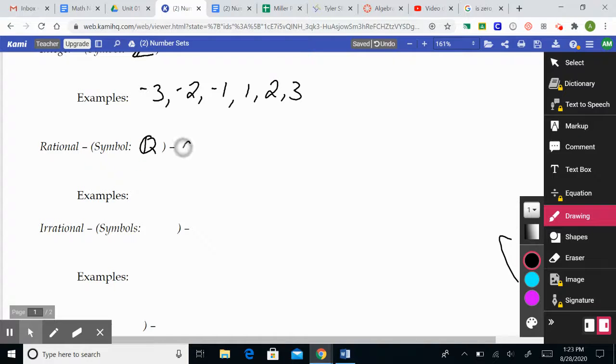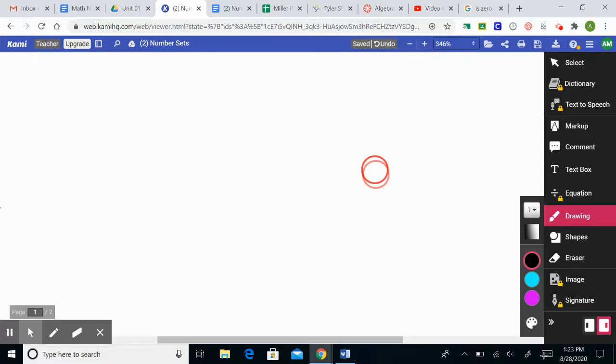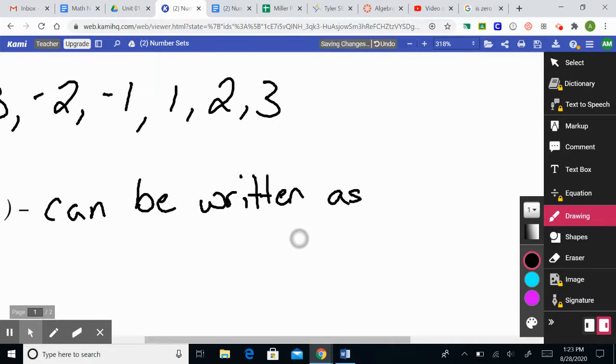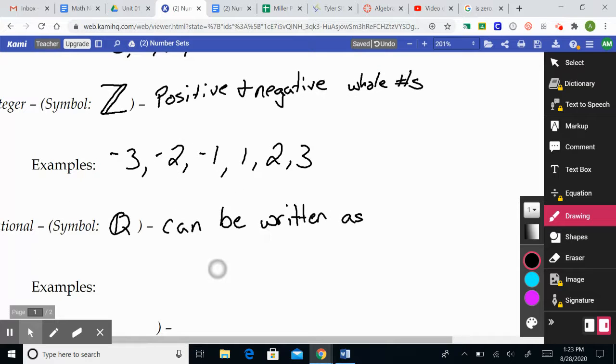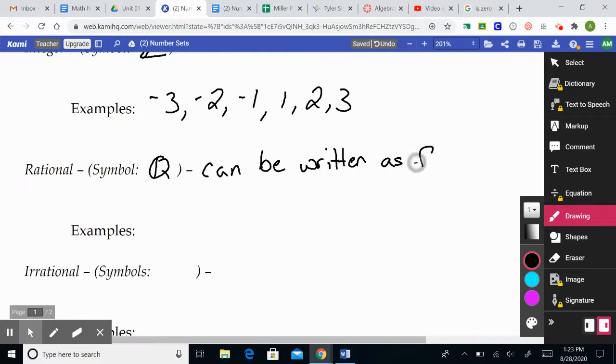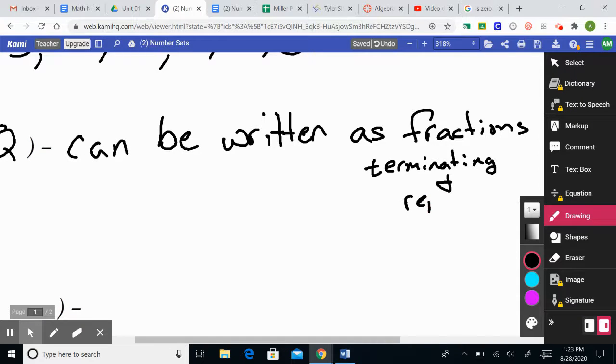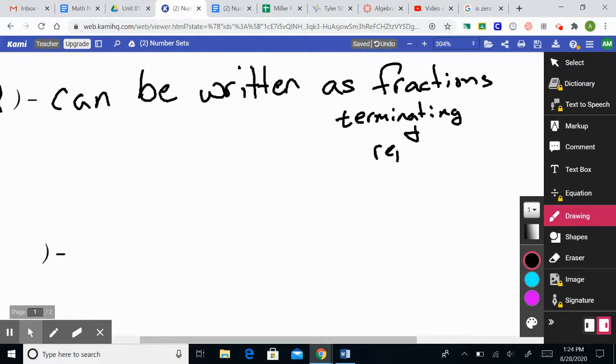The rational numbers are numbers that can be written as fractions, and that includes terminating and repeating decimals.